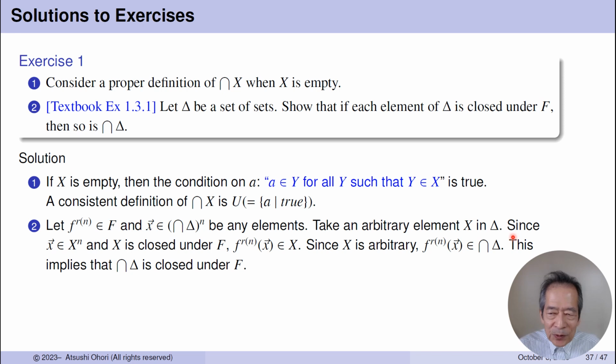Since the assumption on X is that X is closed under F, you use this assumption. Then this application is in the set X. Since X is taken to be any member of delta, you have done this. So this implies that this intersection is closed under F. So this concludes one possible solution to this exercise.